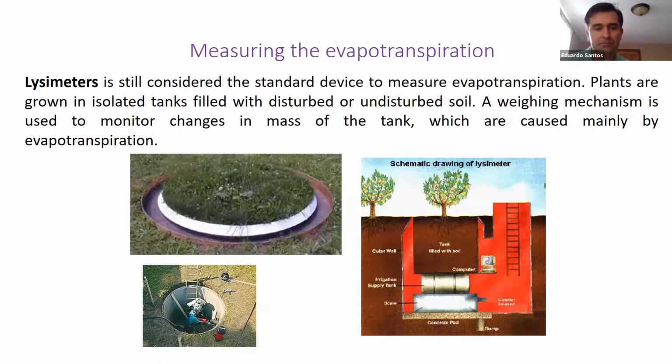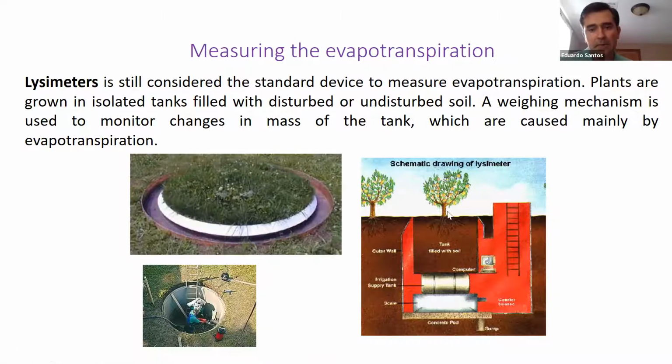You have undisturbed soil that's put inside a ring, and you see a plant growing inside that ring, and down here you have usually load cells or things that you can use to measure the weight or the mass of that ring of soil. The main thing that's going to cause variations in this weight is water.